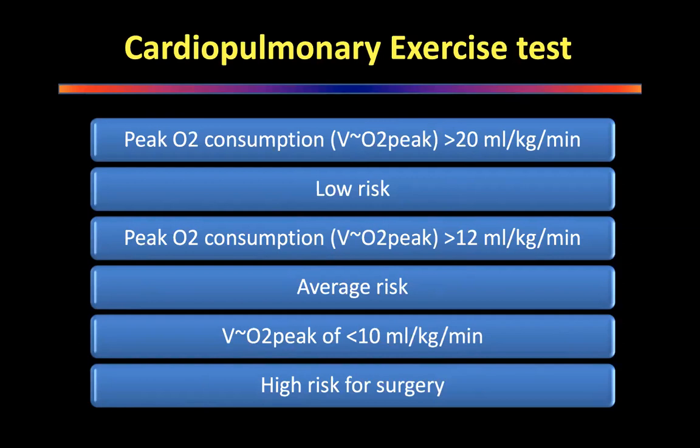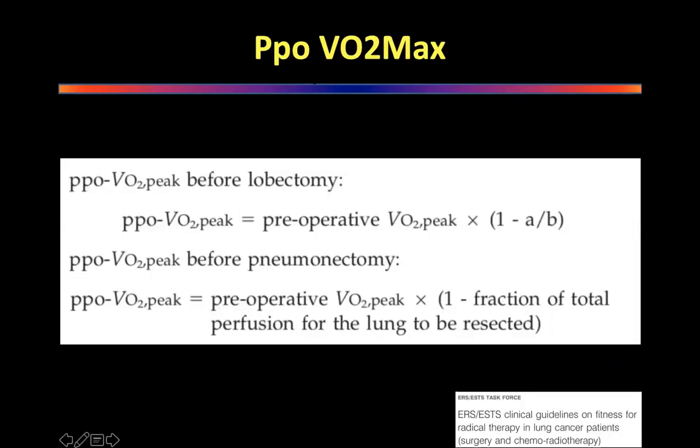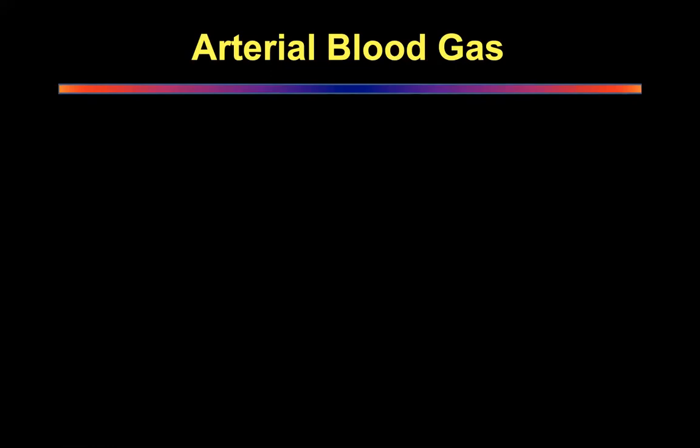You must use it as a tool to identify the correct patient for the correct surgery. Again, predicted post-operative VO2 max can be calculated. Exactly the same formula, but you put in the values for VO2 max rather than FEV1. So this is the formula for calculating the VO2 max.